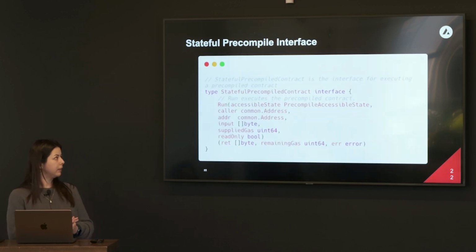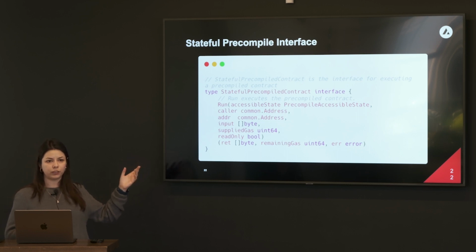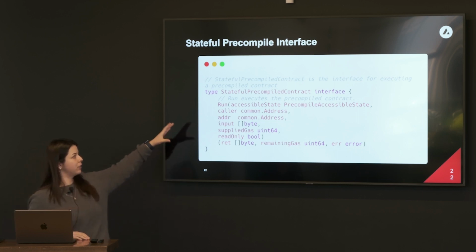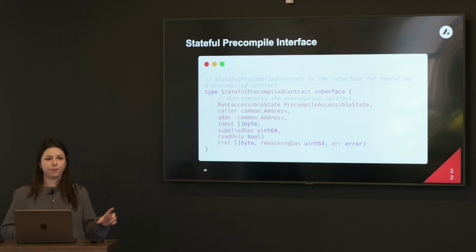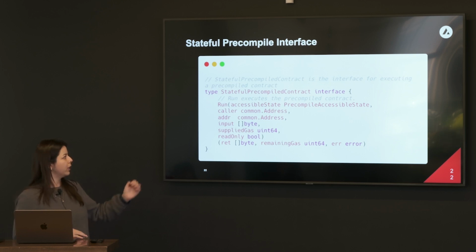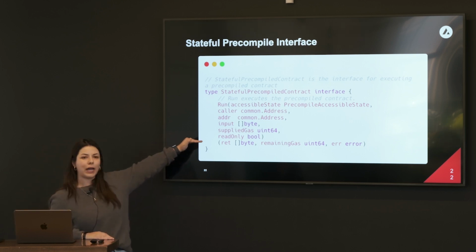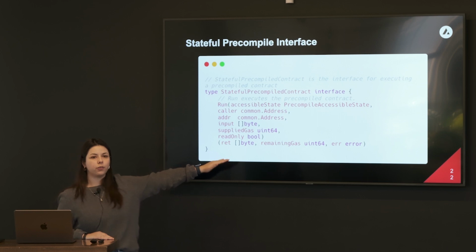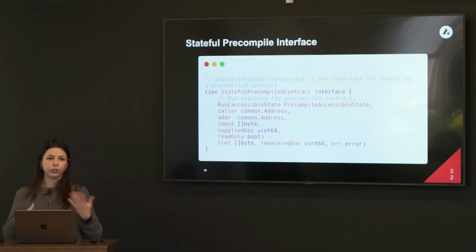This is how the interface of a stateful precompile looks. You basically have the run function, and here it's a little bit different. In the previous one, you were specifying the amount of gas that it requires. Here you supply some gas, and afterwards you return the remaining gas after the execution.